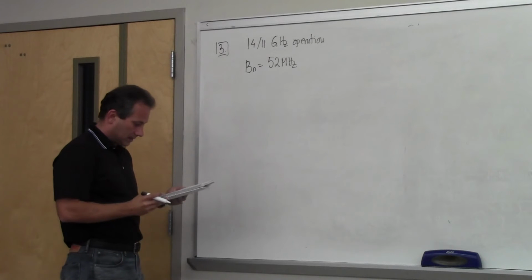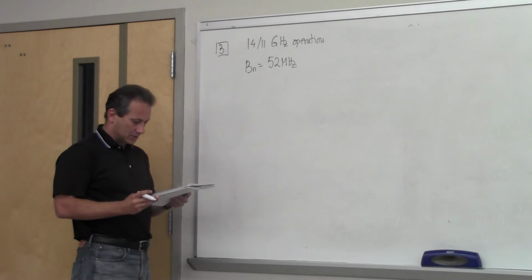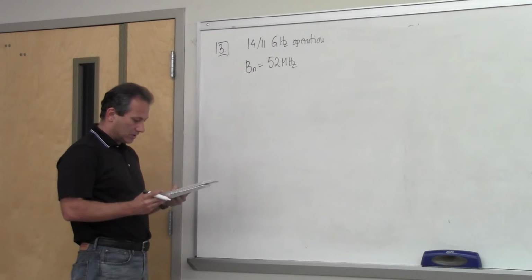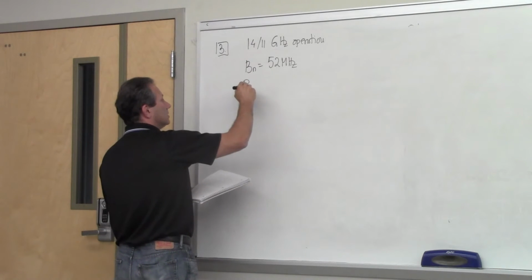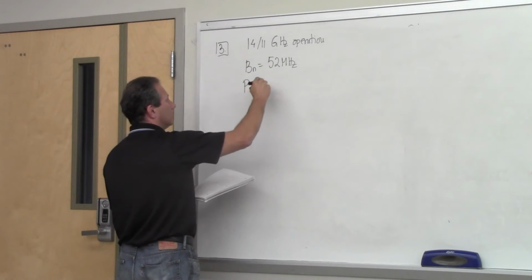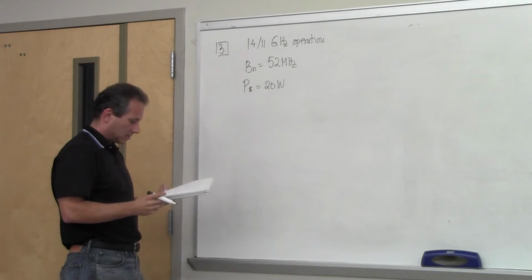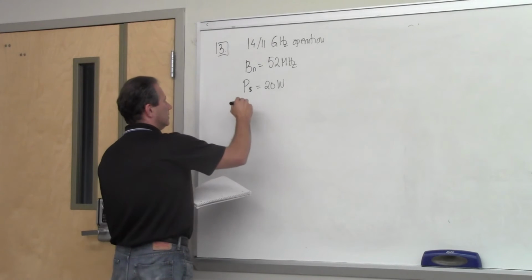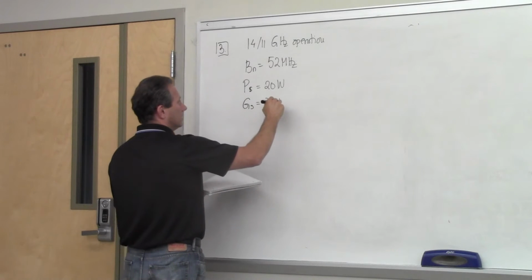Let me just read it. A 14/11 gigahertz satellite communication link has a transponder with a bandwidth of 52 megahertz, which is operated at an output power level of 20 watts. So from the satellite, we have 20 watts of output power, and a transmit antenna gain at 11 gigahertz of 30 dB. So the satellite gain is 30 dB.